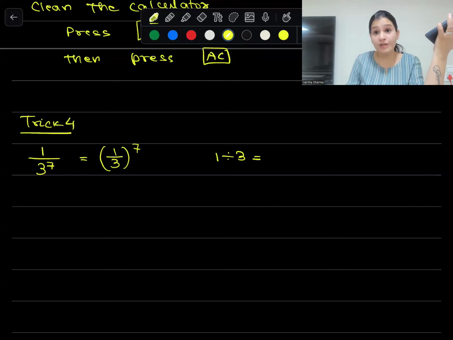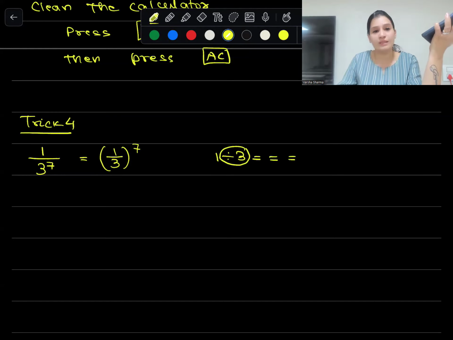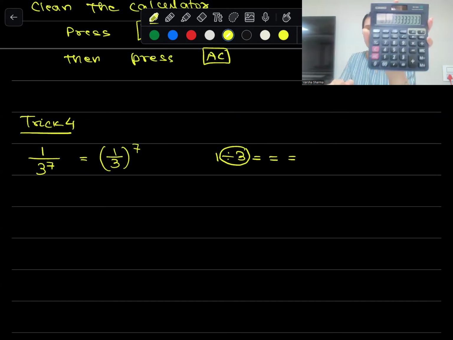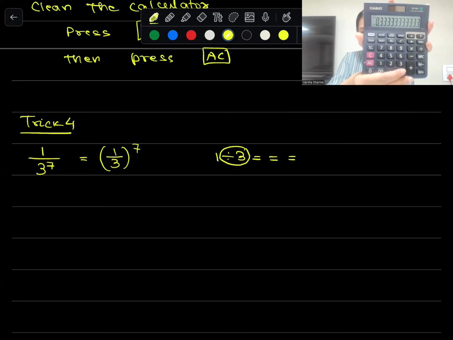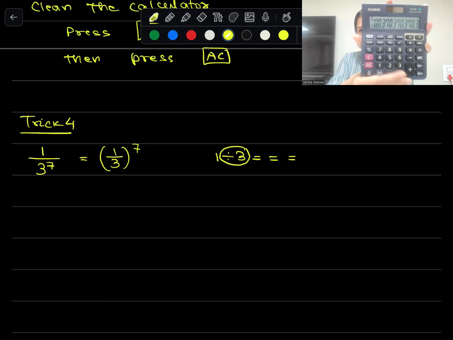What was the job of equal to? To repeat the operation just done again and again. So this divide by 3 will be repeated again and again as you keep on pressing the equal sign. So this is 2. This is 1. 1 divided by 3. 2, 3, 4, 5, 6, 7.